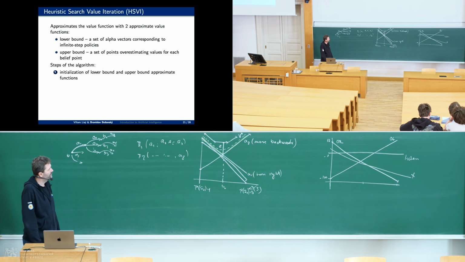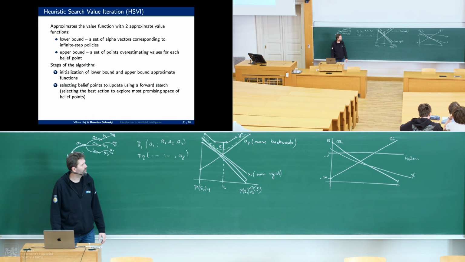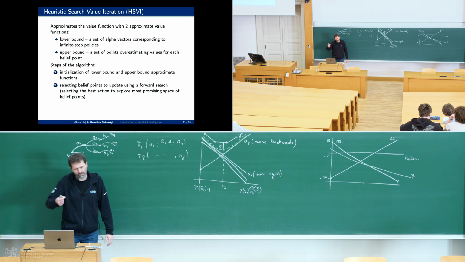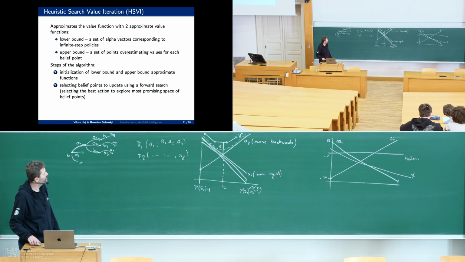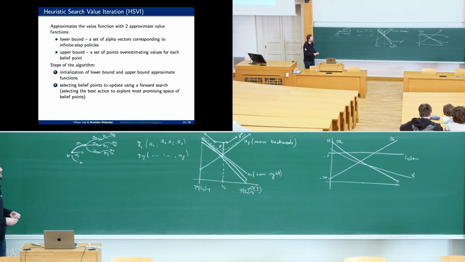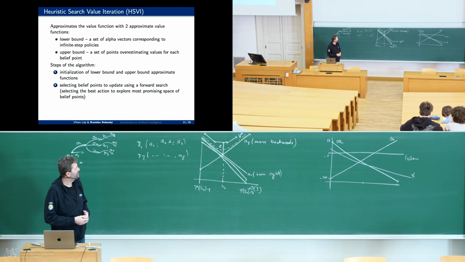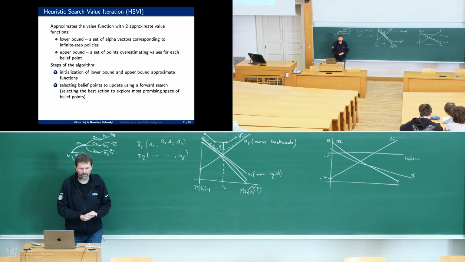We will start with some initialization, and then select the belief points for the update. Contrary to the point-based value iteration algorithm, we don't have a fixed set of belief points where we are doing the update. These belief points are selected based on a forward search through the problem.